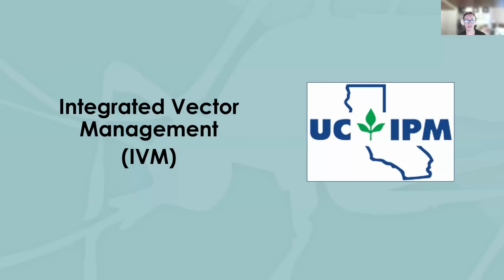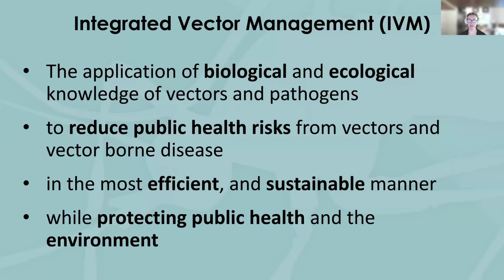And because this is an integrated pest management webinar series, I want to make sure and tie in what we in this public health field like to call integrated vector management, which pulls a lot of the same principles from integrated pest management. So there's a lot of different definitions of what IVM is, but here is one.